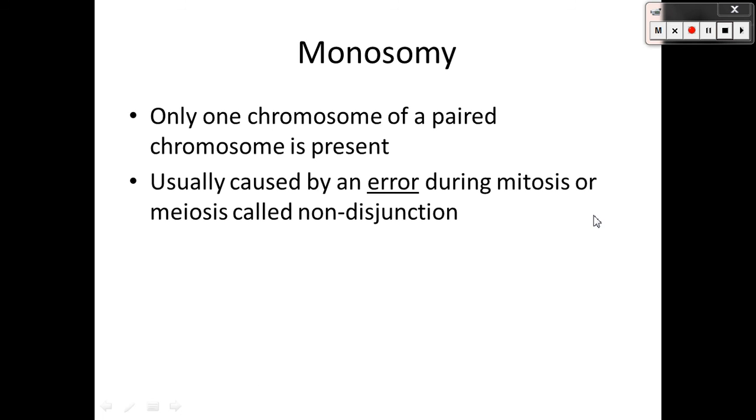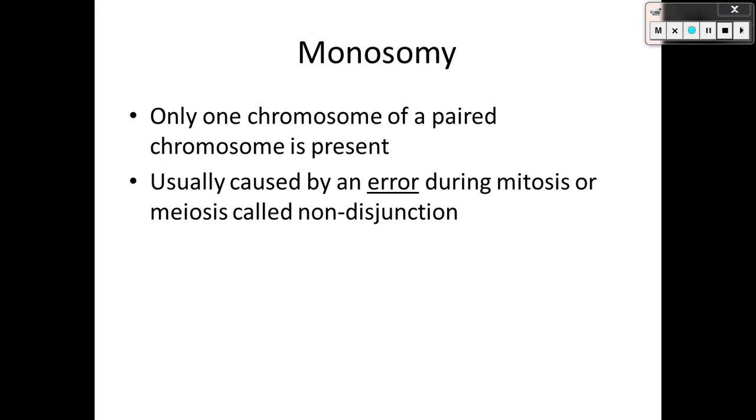Alright, so let's get into what non-disjunction can create. Number one, something called a monosomy. This is what happens when, say, the pair for chromosome 1, you're supposed to have 2 copies, right? What if one of those copies was missing?